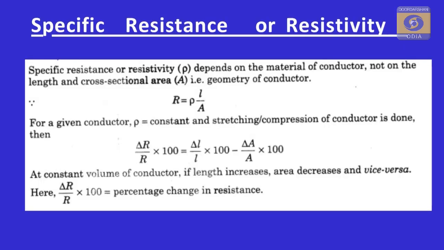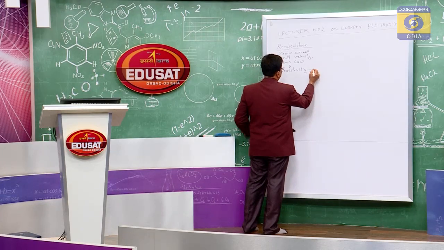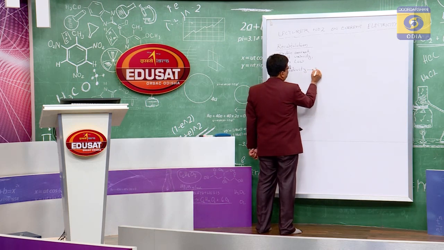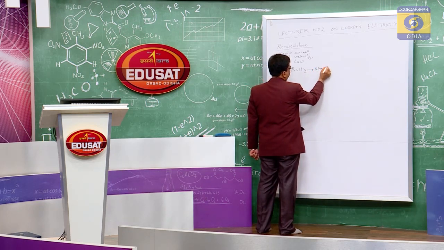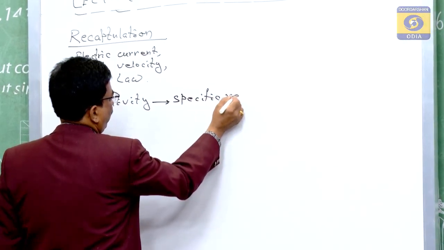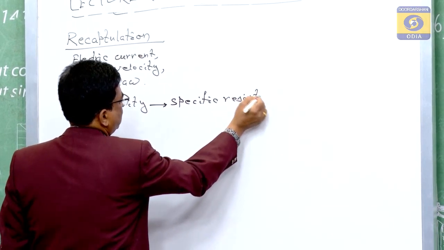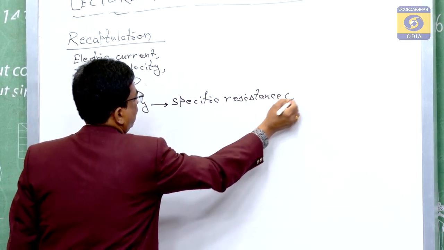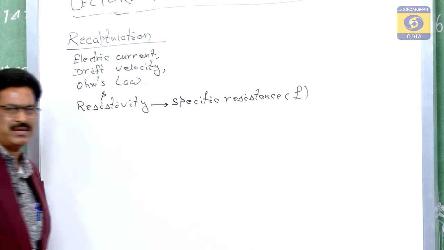Next is the specific resistance or the resistivity, about which we discussed in our last class. Resistivity, whose other name is specific resistance, is represented by the symbol rho.